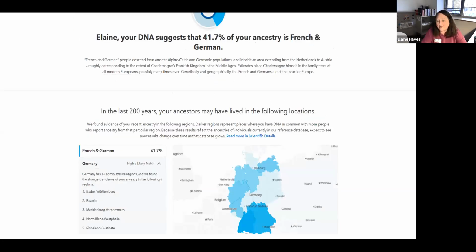You can go in and look more detailed at your 41.7% of your ancestry that is French and German, and it kind of shows you the darker the blue color is, the more likely that they came from that area of Germany.